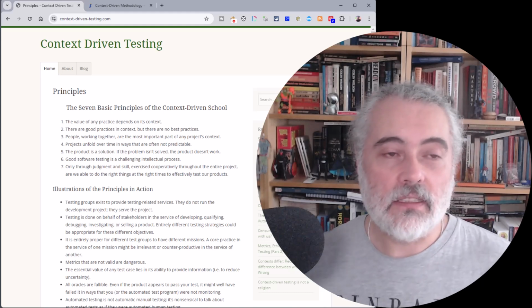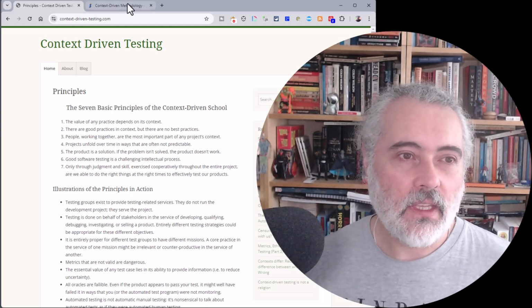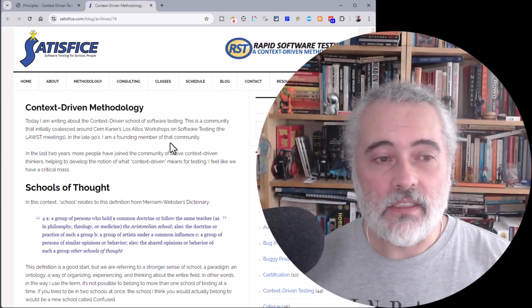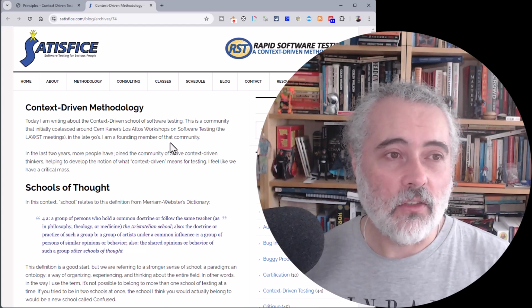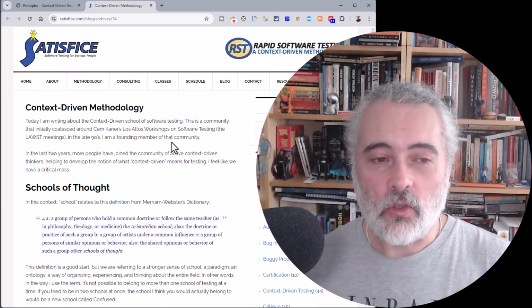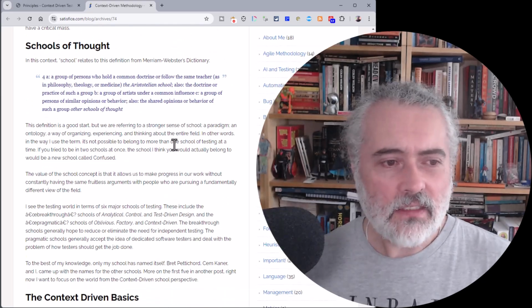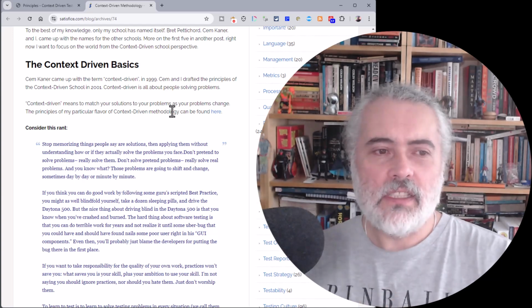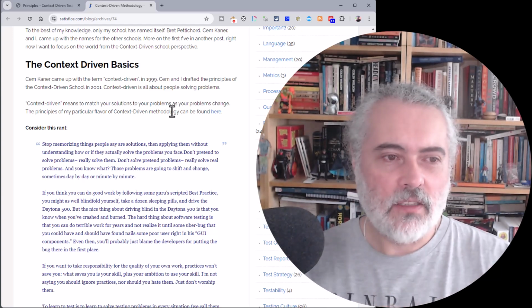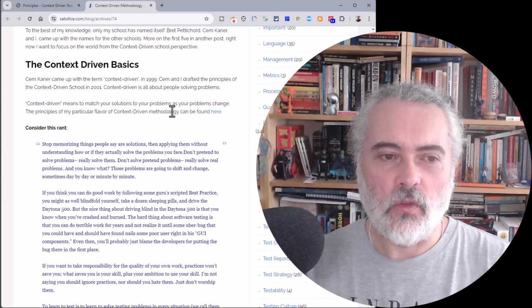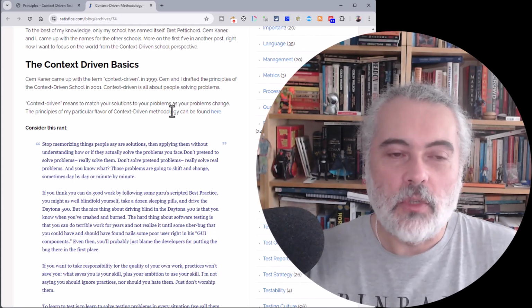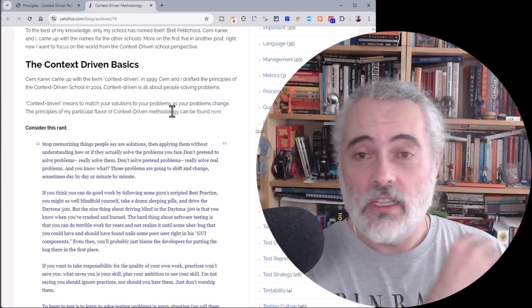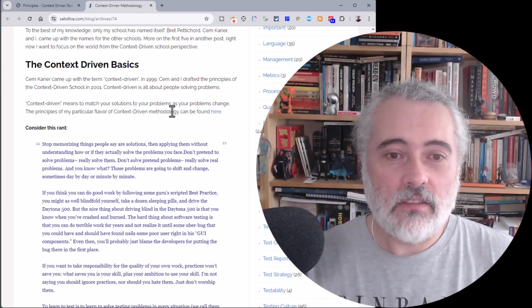So have a look at James Bach's website, because he has a post on the context-driven methodology, and he simplifies the content that was in the context-driven-testing.com website. And I really like the first sentence of the rant in the middle of the page: stop memorizing things people say are solutions, then applying them without understanding how or if they actually solve the problems you face. I would probably phrase that as, don't just keep making calls to authority and saying, well, so-and-so did this, therefore we must do it. It's very much a similar view.